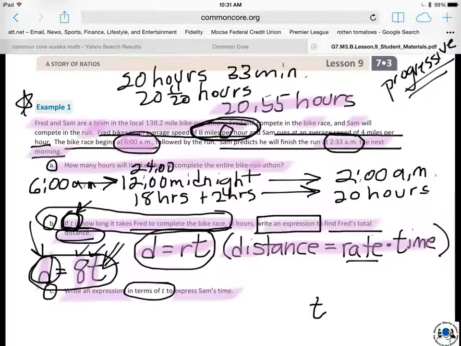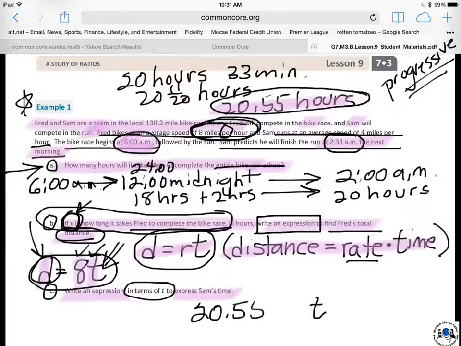But there's something else we've solved for, and that's the total time. That was our first question: how many hours will it take to complete the entire bike run-a-thon? We solved for that. If we take that total time and subtract Fred's time, that will represent Sam's time.